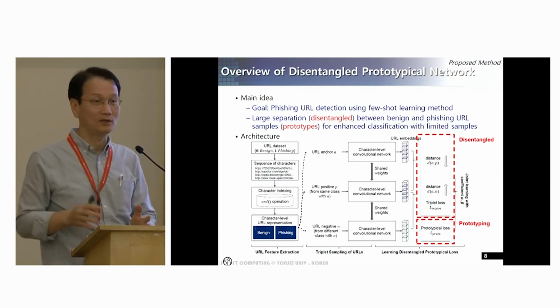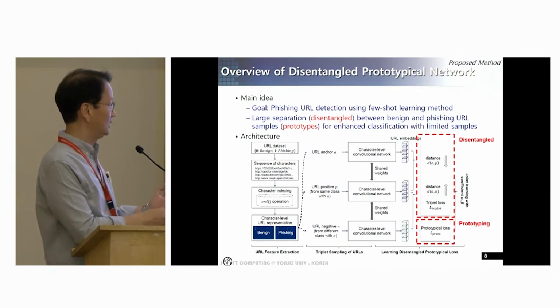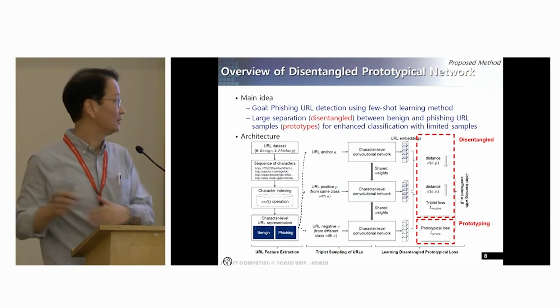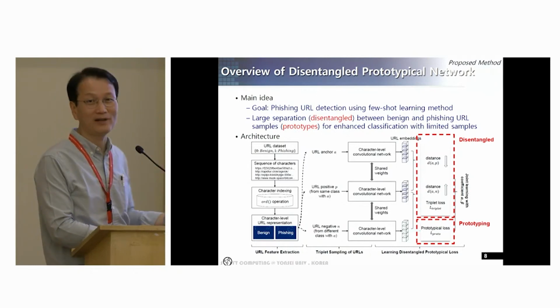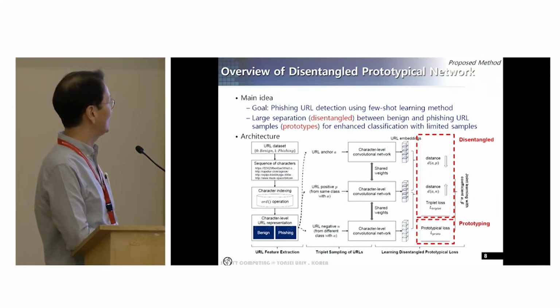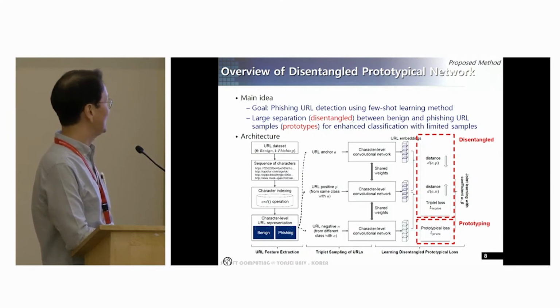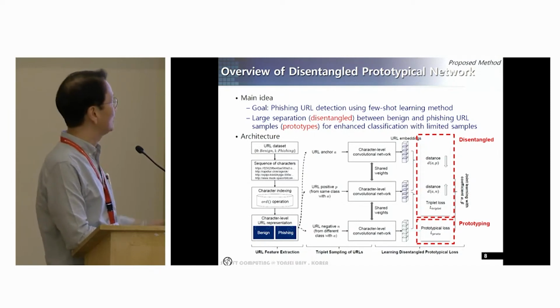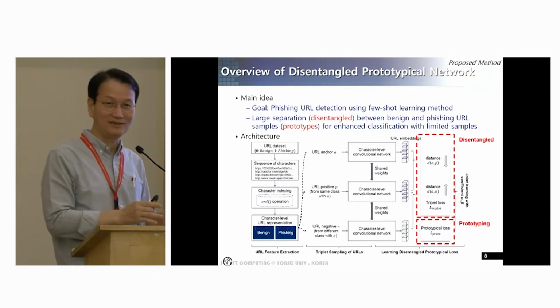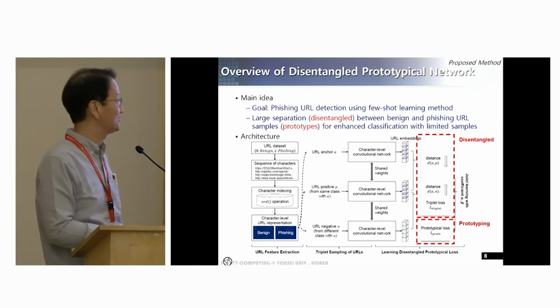Out of the whole training samples, we'd better train the prototypes, which are most representative for benign and phishing. In order to do that, we apply triplet learning, which is also quite popular in computer vision. Basically, based on anchor, positive, and negative samples, and with an appropriate loss function called the triplet loss, we can construct representations which are a little bit farther for different classes and closer for the same classes.